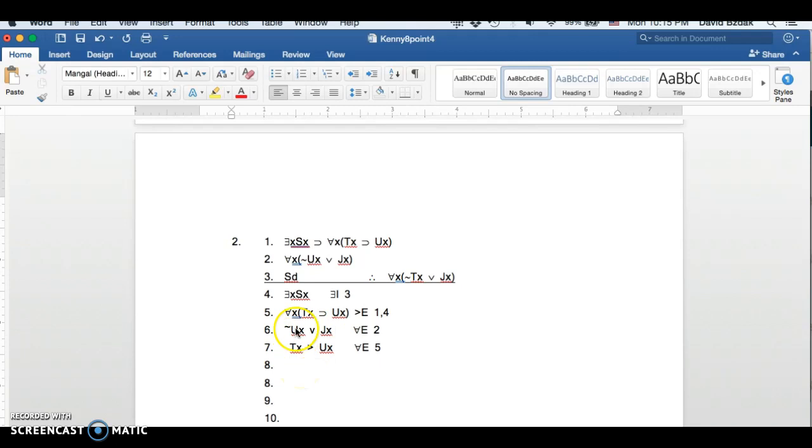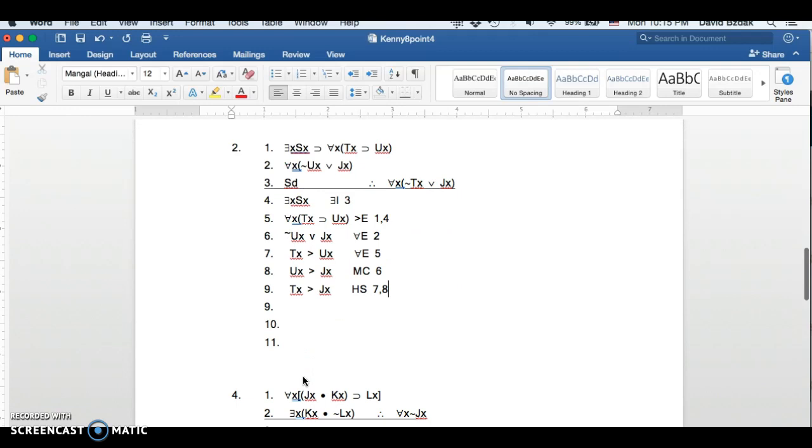Okay, so let's do an MC to turn this into a conditional. Ux conditional Jx, that's MC of 6. Now we've got the Ux's lined up, so we can do a hypothetical syllogism to get Tx then Jx. That's hypothetical syllogism 7, 8.